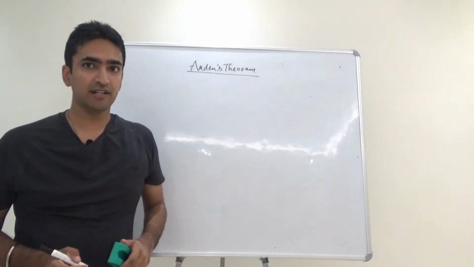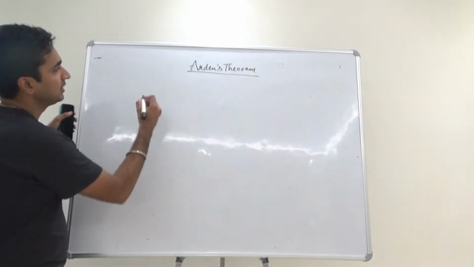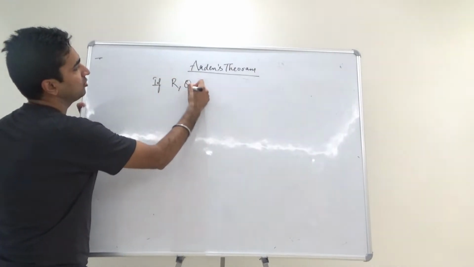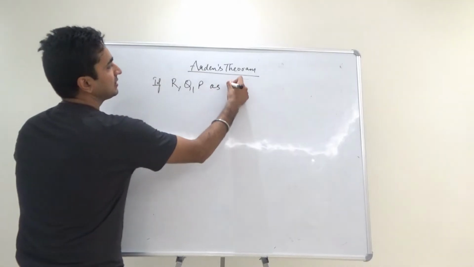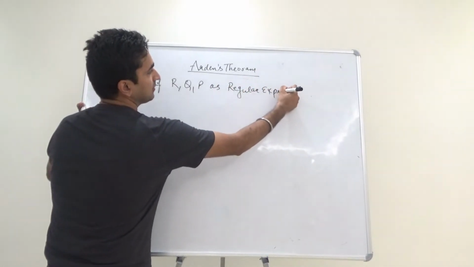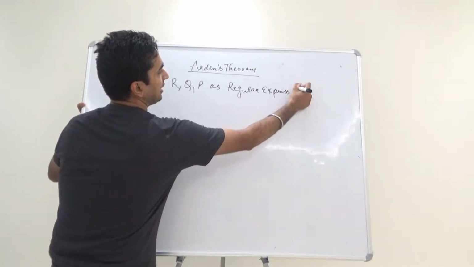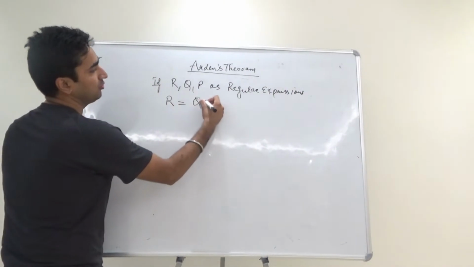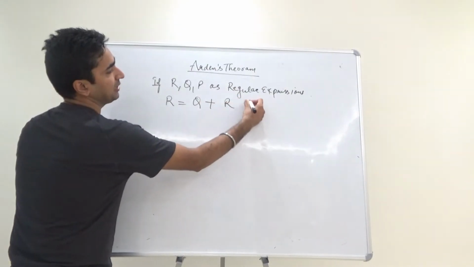So what is Arden's theorem? Arden's theorem says that if we have R, Q, P as regular expressions, and there is an equation which is R is equal to Q plus RP.